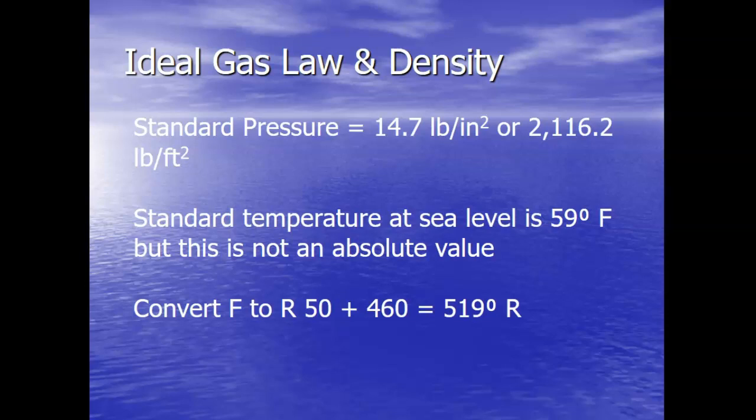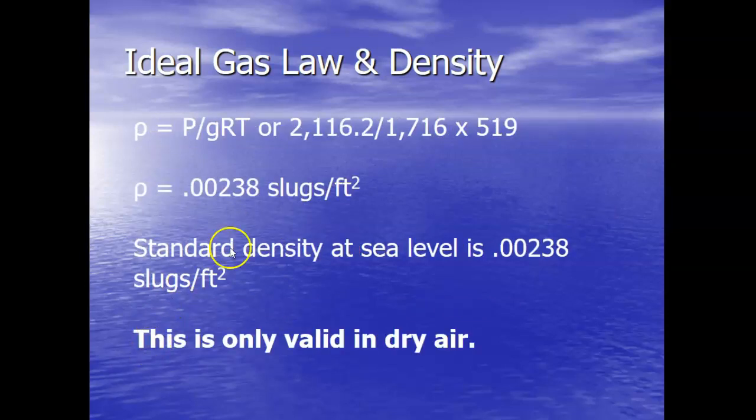Standard temperature at sea level is 59 degrees Fahrenheit, but we have to use an absolute value in Rankine. So remember, Rankine is Fahrenheit plus 460. So that temperature in Rankine is 519 degrees. So when we plug these figures in, using the standard pressure at sea level, the standard temperature at sea level, and the constants, we get rho equals 0.00238 slugs per square foot.